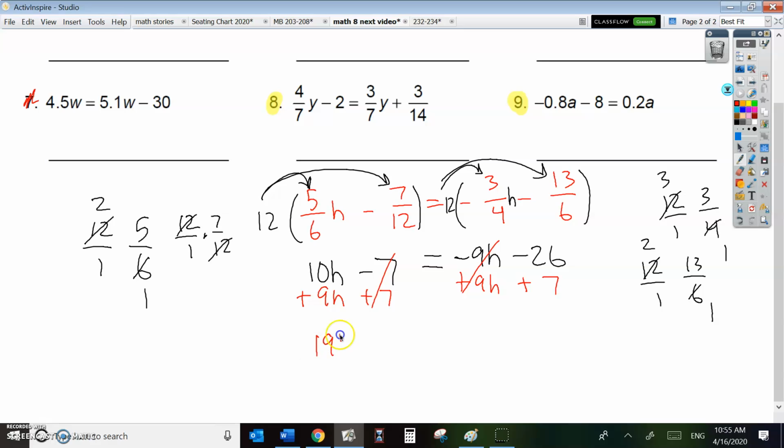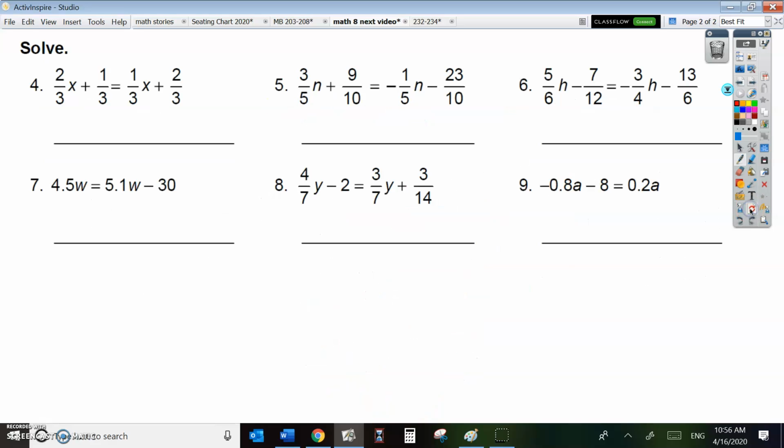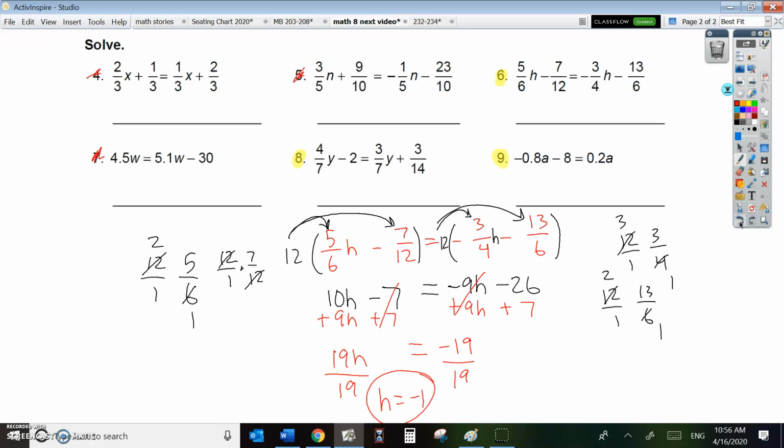So 19h equals, what's 26 minus 7? Looks like 19. It's going to be negative 19. Divide that by 19 and this by 19, and you get h equals negative 1. Let me double check. Yep. Okay, that was problem 6.